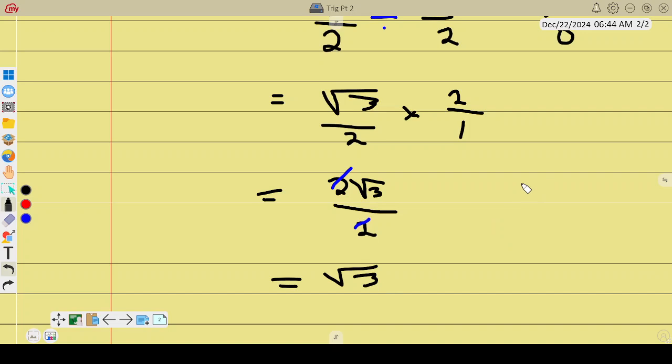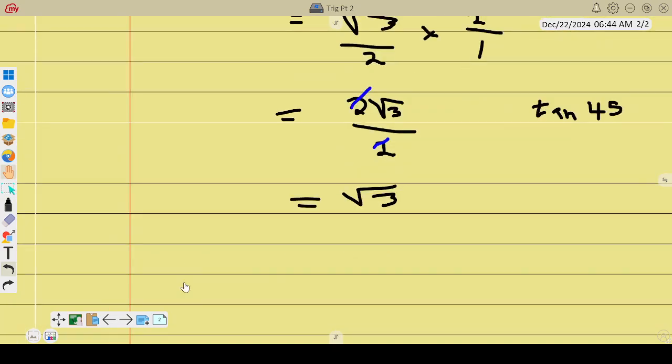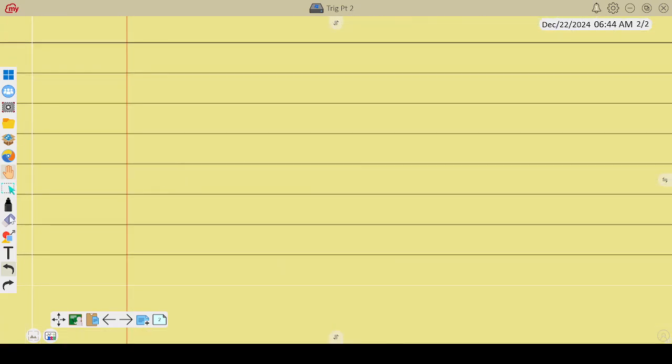So I believe you can now do tan 45. You just say sine 45 over cos 45. And then you continue. I believe there are no problems here. If there are, you can screenshot this part and say, hey, I didn't understand there, can you explain again?